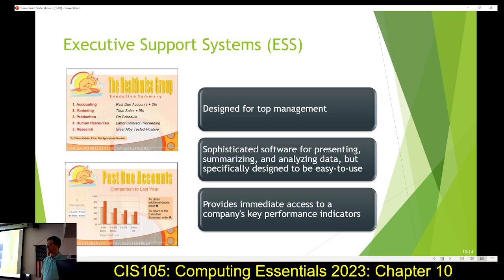All right, moving on. Last but not least is the executive support system. So you will notice here that the 2, I'm going to call them images. I'm not going to call them slides. So the purpose of an executive support system is for ease of use. So, for example, our college's chancellor goes into the system and logs in and says, okay, I want to know information about our key performance indicators, which are all these right here.